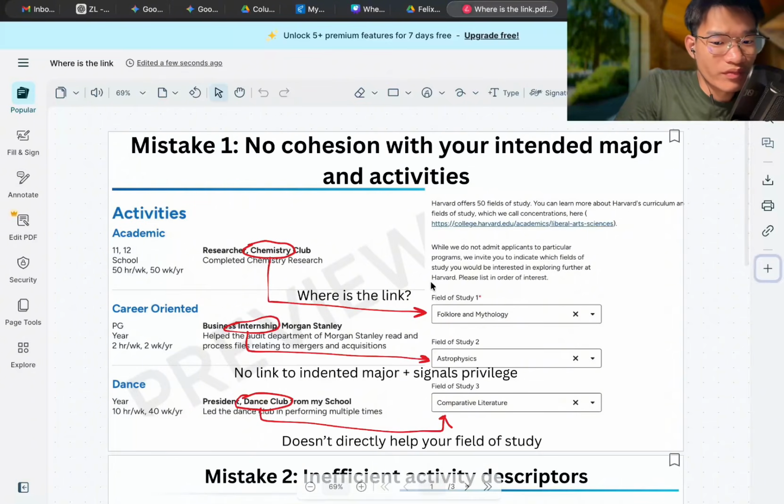Because that's a pretty red flag. A lot of the time, especially with your first three activities, if they don't link to your field of study, it can really raise red flags. The activities list is something admissions officers look at first, so you don't want to start off on the bad foot. You want to start off with the foot on the gas pedal.